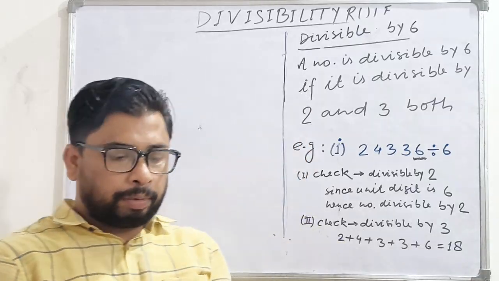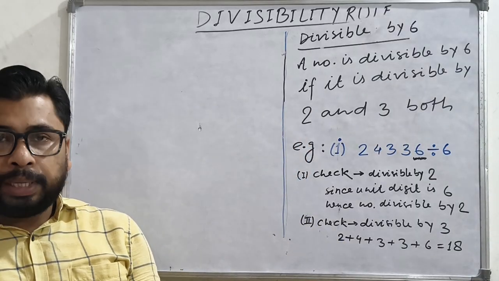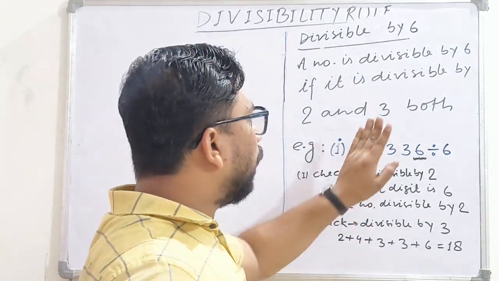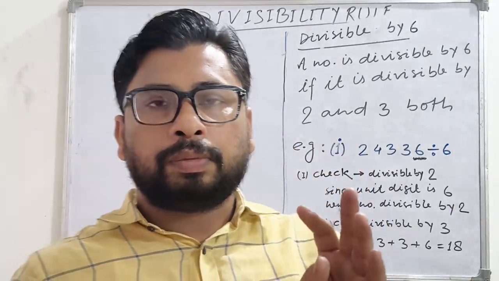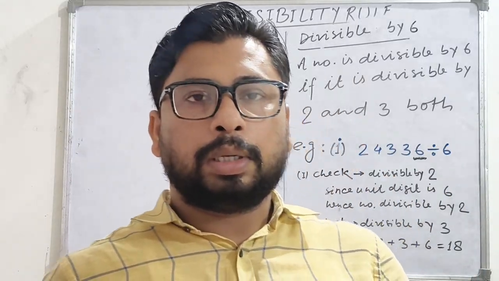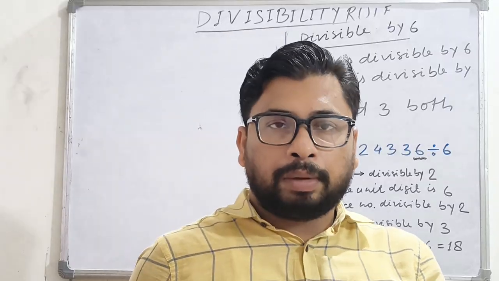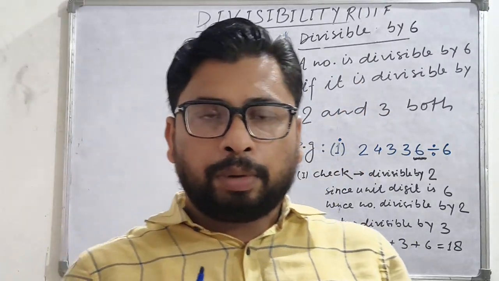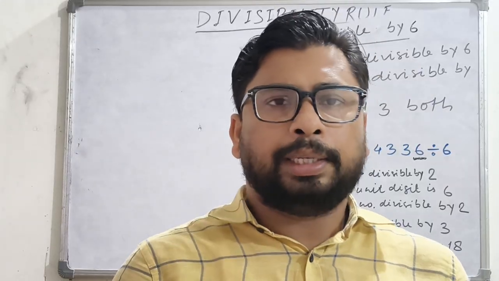Yes. One thing I want to recommend: please memorize the tables of 2 to 20. At least you have to remember them so that your calculation will be very easy.